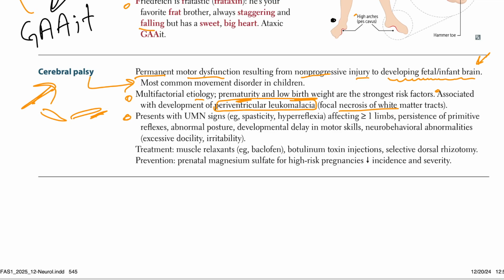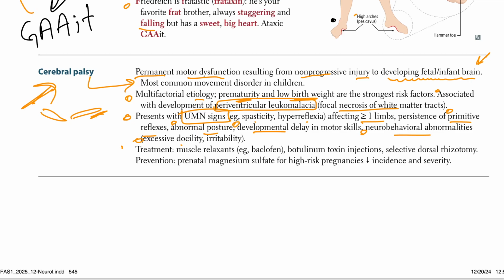So it's going to present with upper motor neuron signs, for example, spastic hyperreflexia affecting greater than one limb, persistence of primitive reflexes, abnormal posture, developmental delay in motor skills, neurobehavioral abnormalities, and excessive docility and irritability.